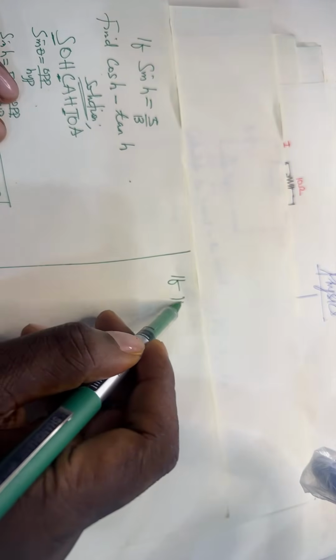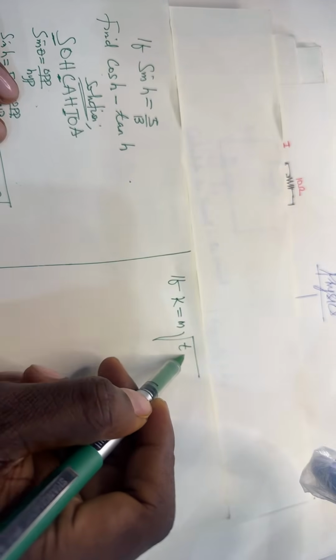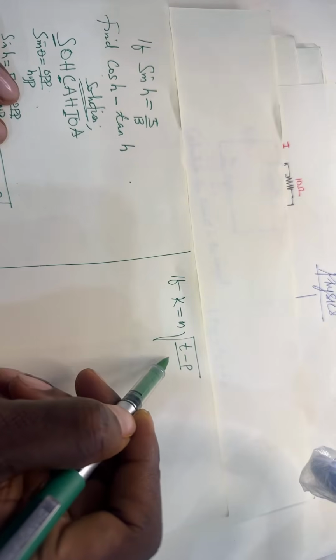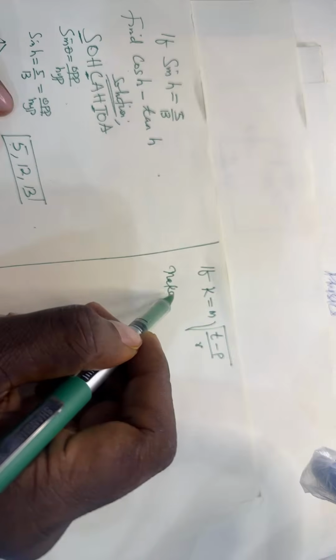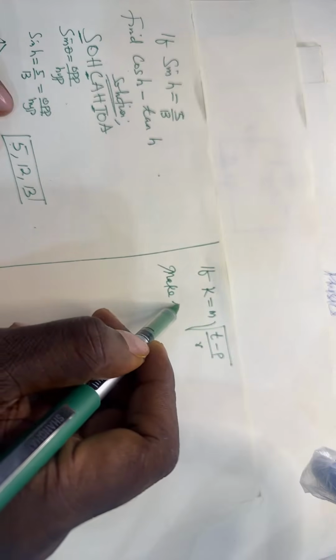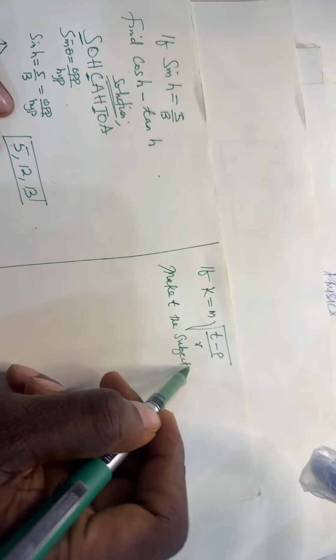If k equals m square root of t minus p, divided by r, make t the subject of the formula.